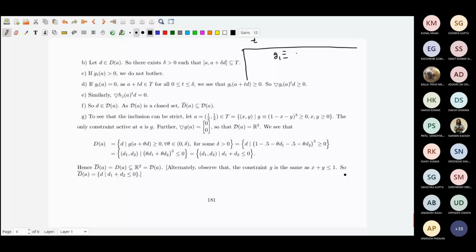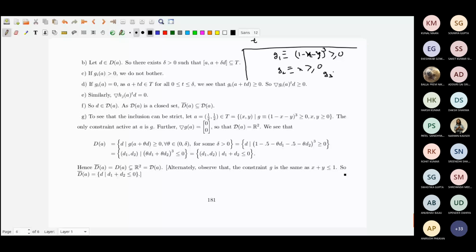I have just taken cube, so that the gradient is 0. If you have power greater than 1, then it will be 0, and I want to make it 0. And then the second one, G2, is x greater than or equal to 0, and G3 is y greater than or equal to 0.